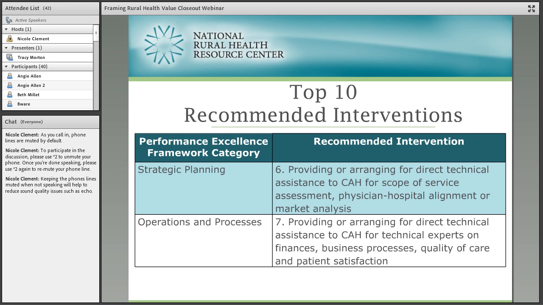Well, I knew of at least a couple of hospitals that needed some help, and then I just posted an RFA, a request for application, so that all the CAHs could apply, and we ended up having 2 awarded contracts.